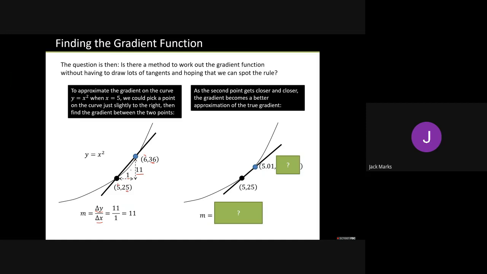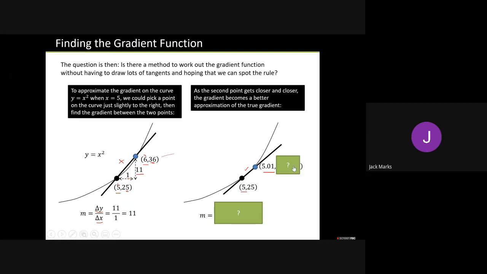But that's not perfect. That's not really the answer, is it? Because it's not a tangent and it's between these points. So it's a little bit clumsy. So you might want to move these points closer to each other, like over here. So instead of 5 and 6, you've got 5 and 5.01. So they're very, very close to each other. And you see the black line there is more like a tangent. This wasn't very good over here. This is pretty good. What would the y value be there?